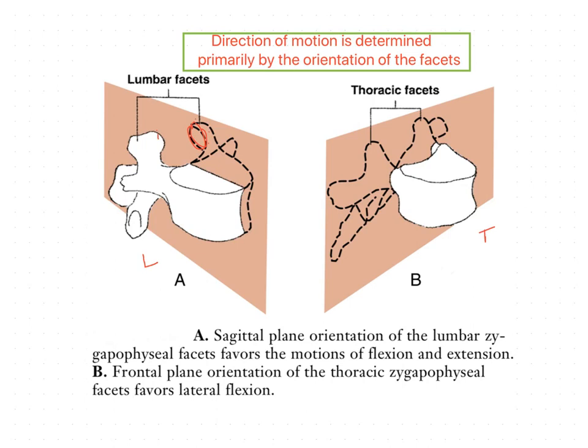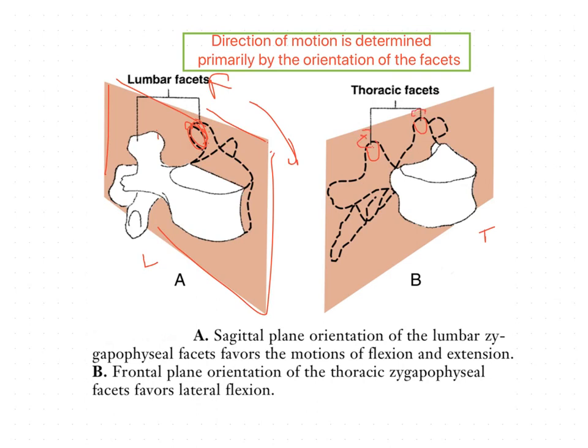That means such an orientation favors flexion and extension, and this colored picture represents the movement of the vertebrae. So that is flexion and extension movement because of this facet. Now here the facet is in the frontal plane, like this on the other side.